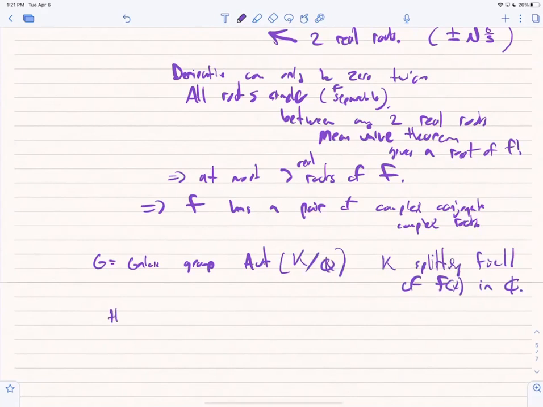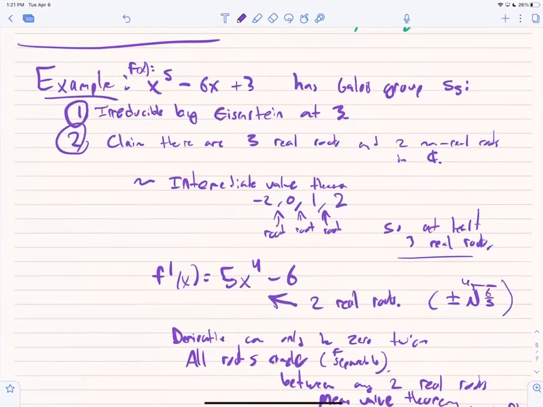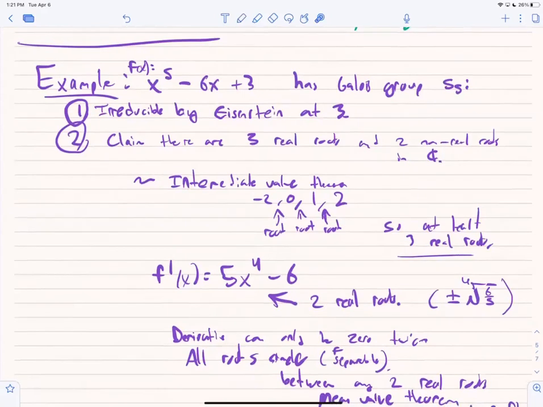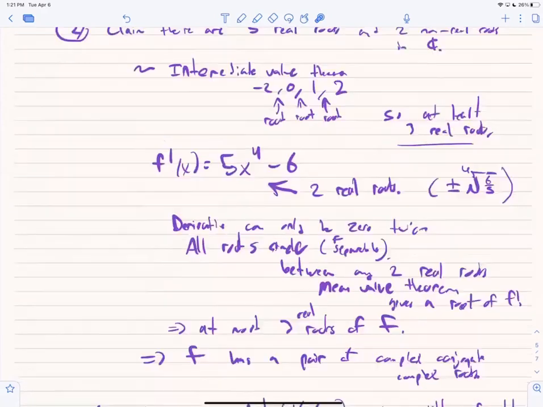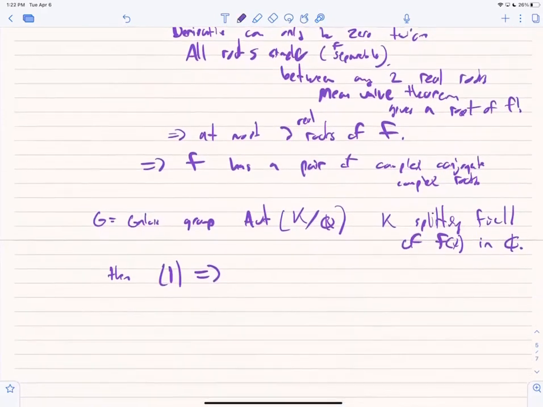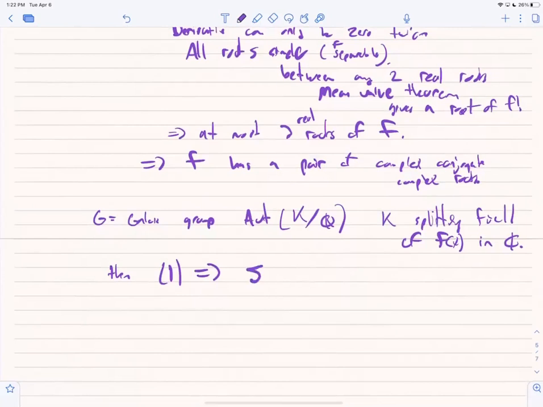Then 1 implies, since this polynomial is irreducible, that the degree of the extension where you add 1 root is 5. So the degree of the splitting field is divisible by 5, so the Galois group has order divisible by 5.